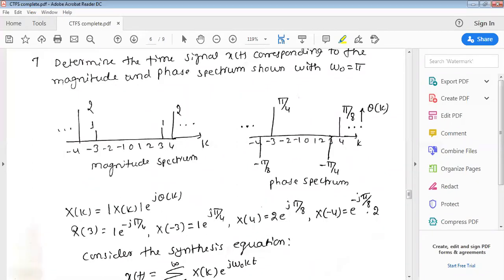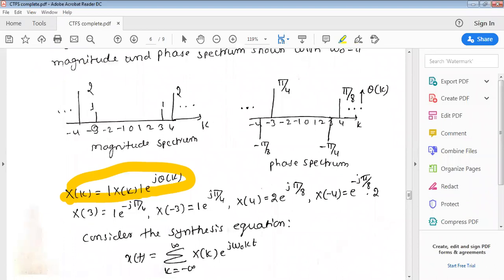First, write x of k is equal to modulus of x of k and angle of x of k. Any function can be written as the modulus of that value into the angle of that value. Now, the functions exist at minus 4, minus 3, plus 3 and plus 4. The remaining values are 0.